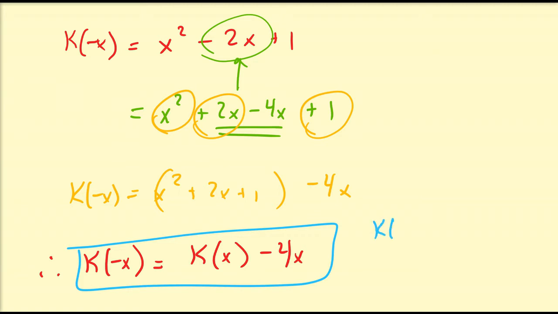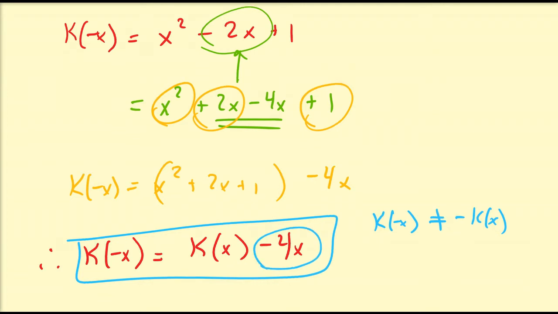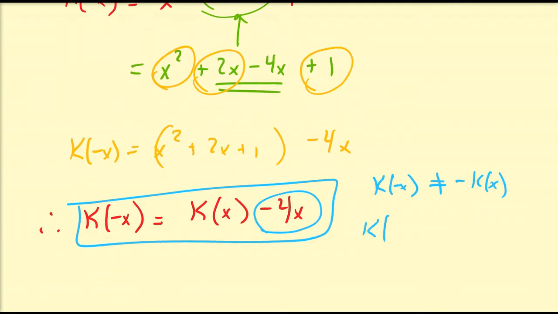So we see that k of negative x is not equal to negative k of x, because maybe sometimes it's true, maybe not. It depends on the values of k, because we have this negative 4x term that's hanging outside. We also have that k of negative x is not necessarily equal to k of x. Now, this possibly is sometimes true, depends on the values of k, but it's not necessarily true because, again, we have this negative 4x term outside.